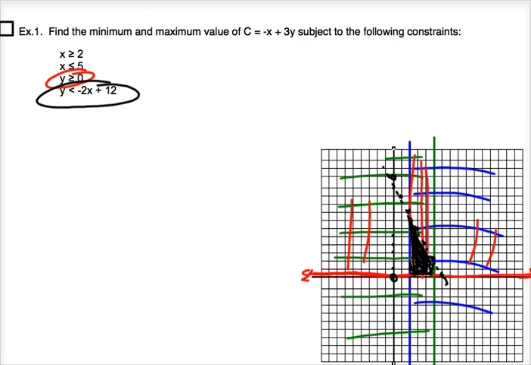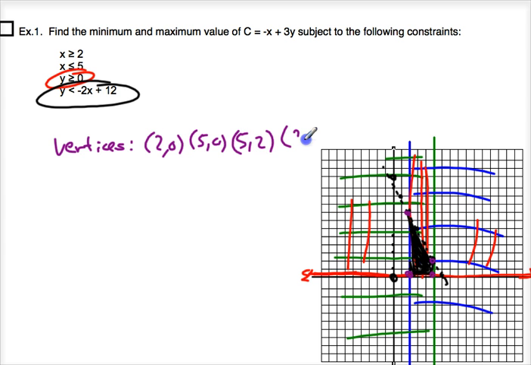That small trapezoid has 4 vertices, and we need to be able to identify them. One of the vertices is at (2, 0). Another one is at (5, 0). Another one's at (5, 2). And finally there's another one up here at (2, 8).